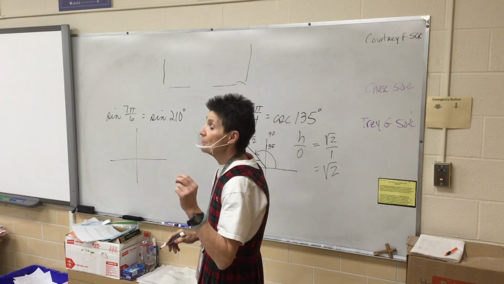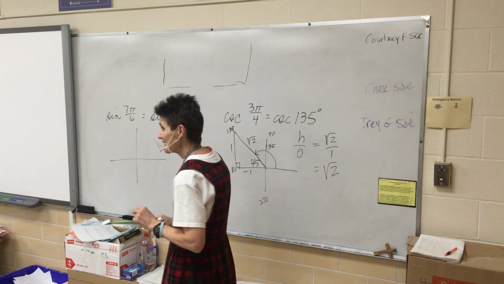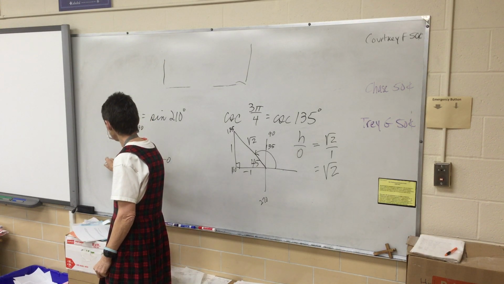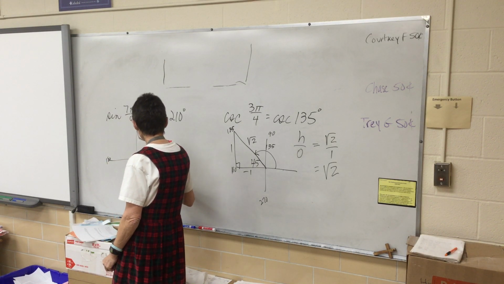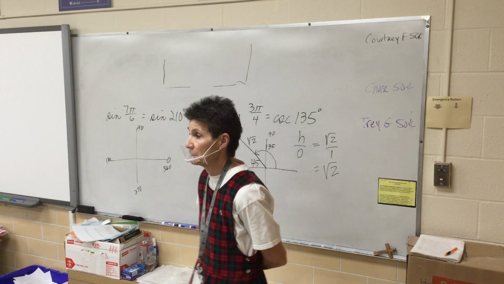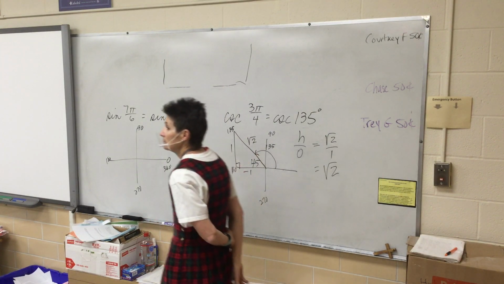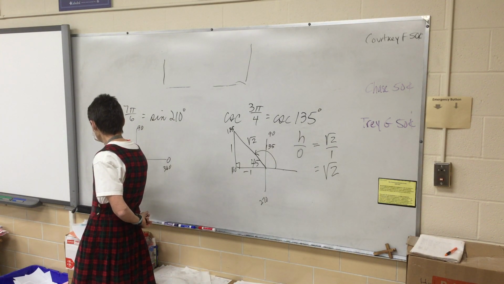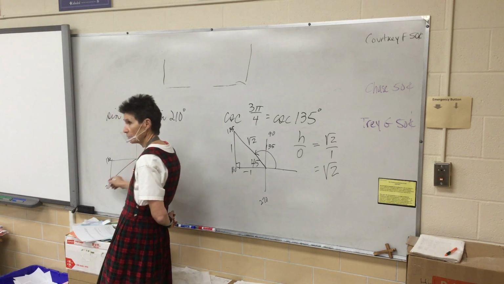Remember, you're using regular standard position. So you're starting here and going this way. So where are you going to put 210 degrees? I hope right here. Did you draw it right there?